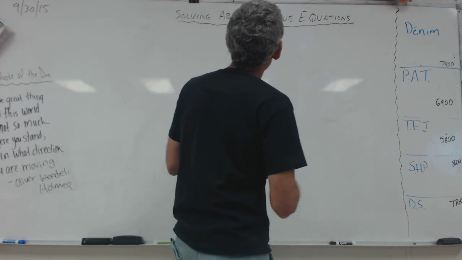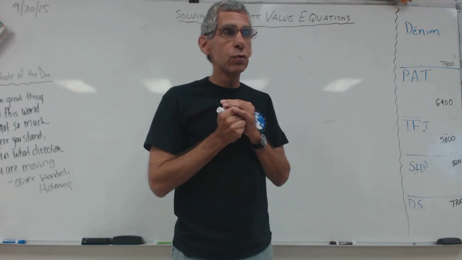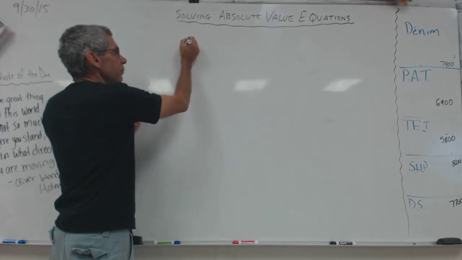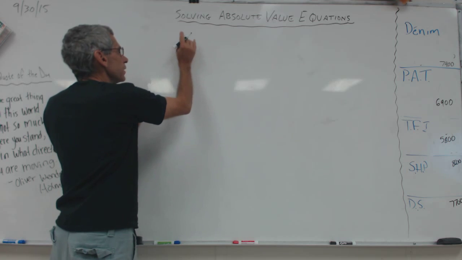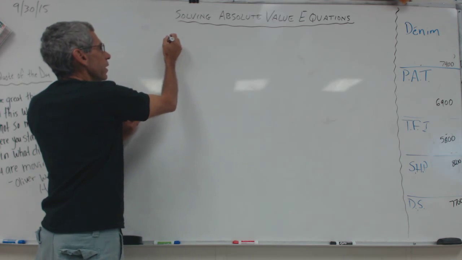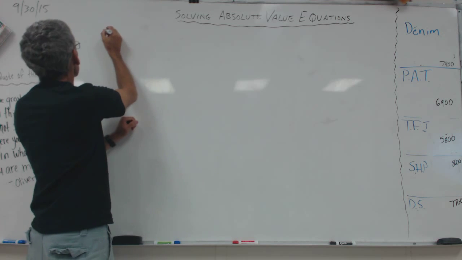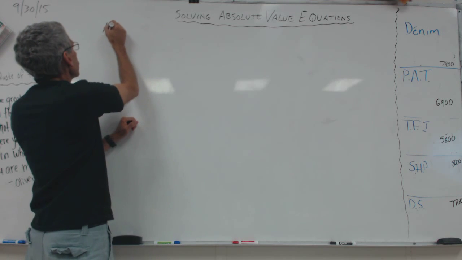All right, solving absolute value equations. Let's just talk about what is absolute value. Before I even do that, let me write a definition. Absolute value. Just gotta make sure I'm on the screen here.